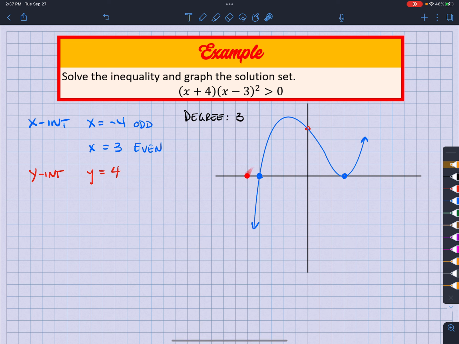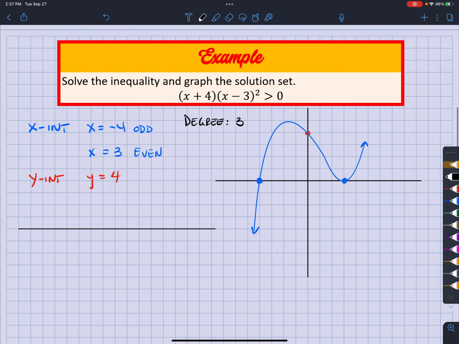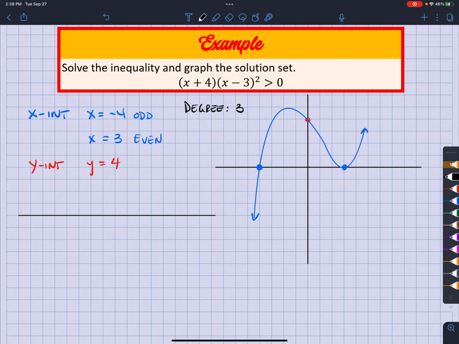After you figure out where your x-intercepts are, the best thing to do, especially when it starts getting into a polynomial where it's no longer just a quadratic, right? Because a quadratic is easy: there's a smiley face, a frowny face, and you're done. When it gets to higher powers, we're not really sure.